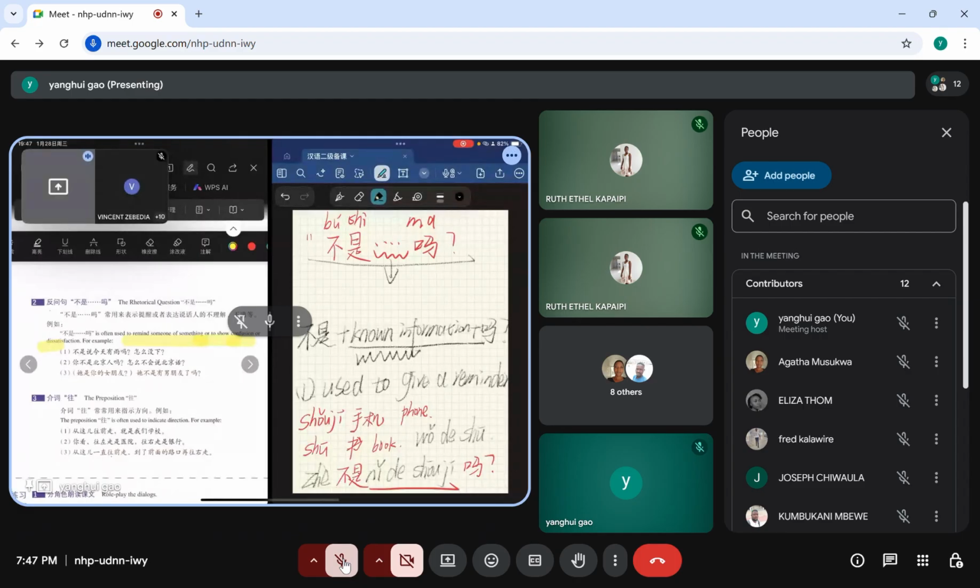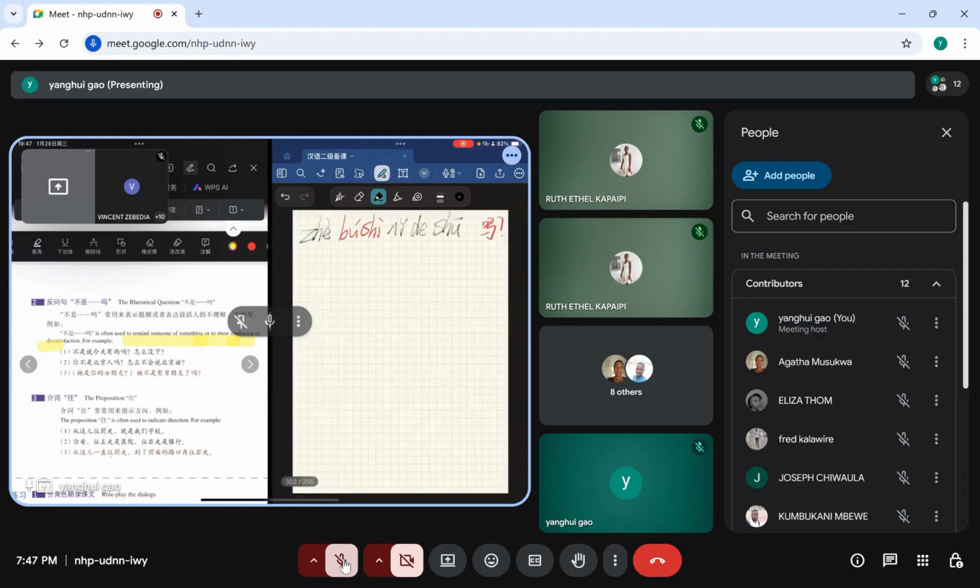We can use this structure to remind me where my phone is or where my book is.